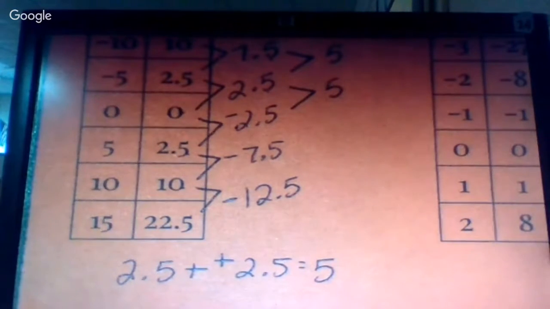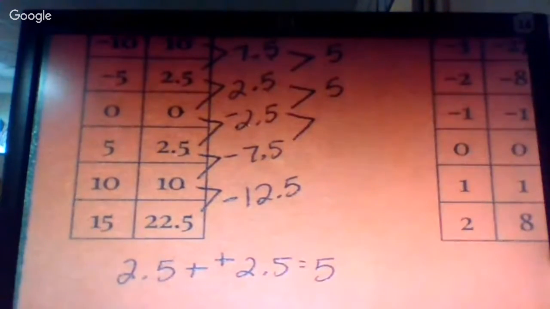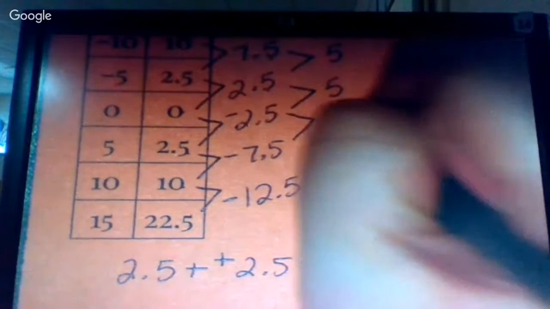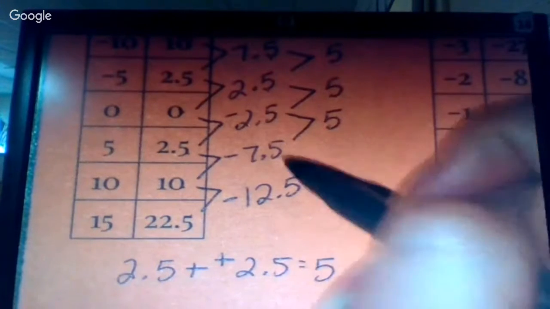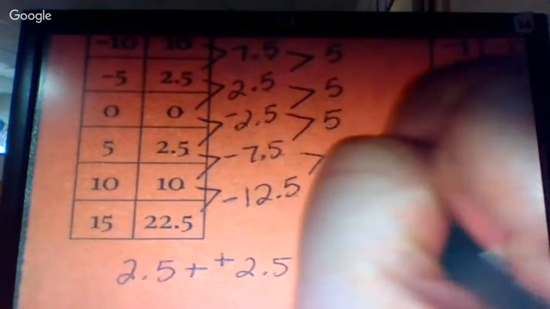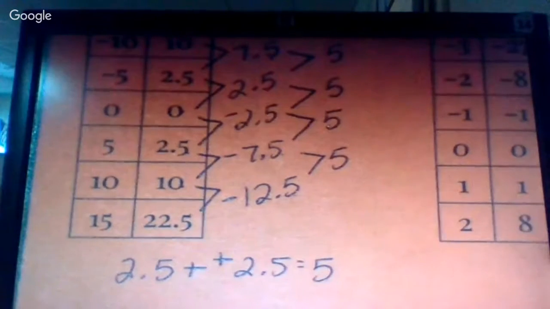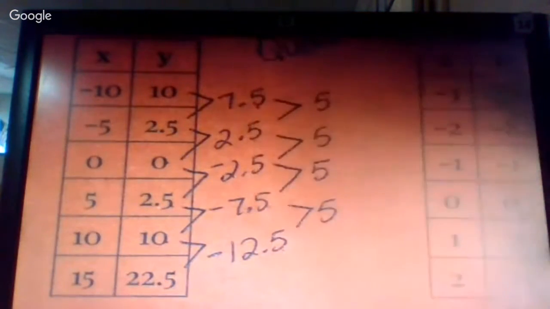Be careful with your minus negatives. What's negative 2.5 minus negative 7.5? 5. And negative 7.5 minus negative 12.5 is also 5. What kind of a function is this? Quadratic.